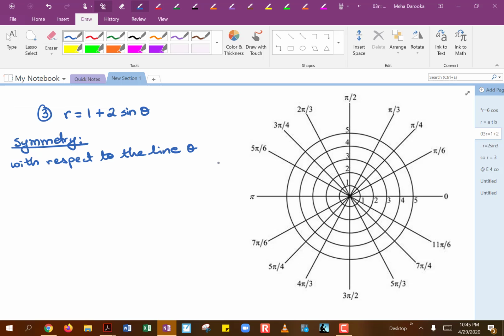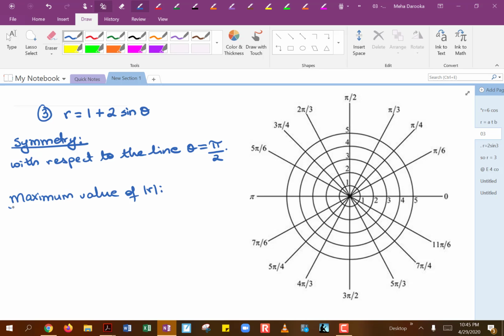I would still suggest using those 3 tests for symmetry to help you out in this case. So we're talking about symmetry with respect to that 90-degree angle line.